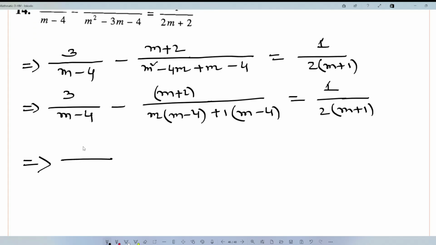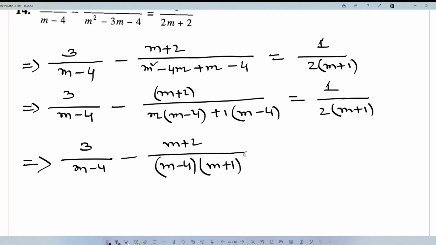Here is 3 over m minus 4 minus m plus 2 over m minus 4 times m plus 1, equal to 1 divided by 2 times m plus 1, right?